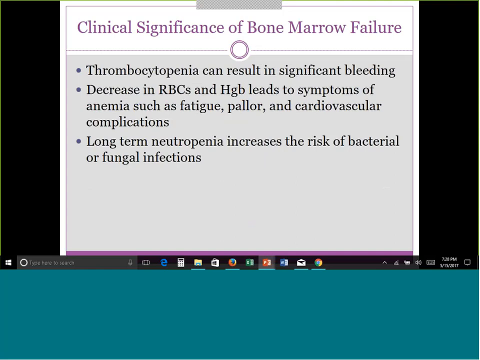If you are low in your red cells, red cells carry your oxygen to your tissues and organs. If you are low in red cells, you're not going to get that oxygen to the tissues. As a result, you'll see the anemia happening with fatigue and pallor. Your heart's going to start beating and trying to pump out more blood, leading to heart problems. And then white cells.